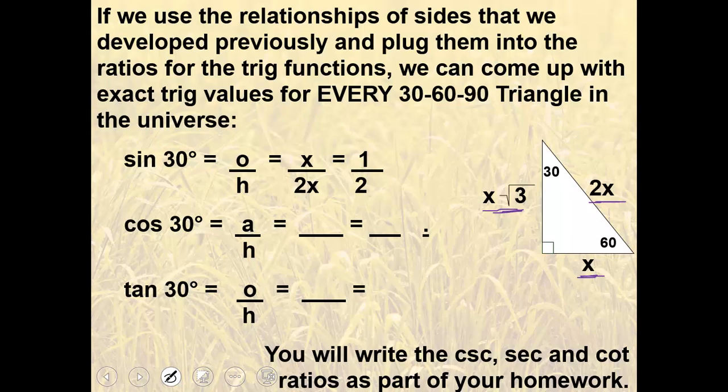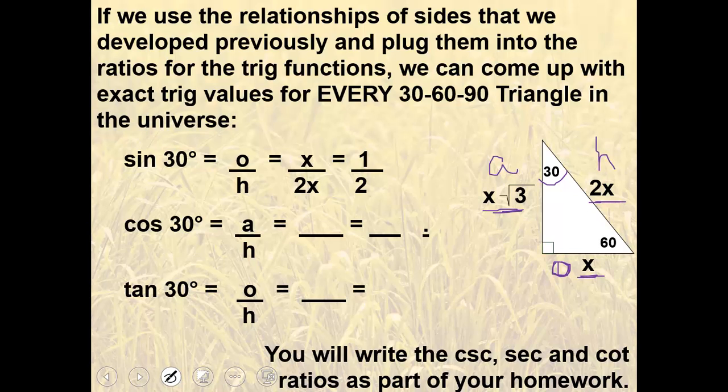Watch how this happens. All right, this slide here, I'm concentrating only on the 30-degree angle. Here it is right here. What is my side opposite? O. It's x. What is my hypotenuse? 2x. And what is my adjacent side? X times the square root of 3.